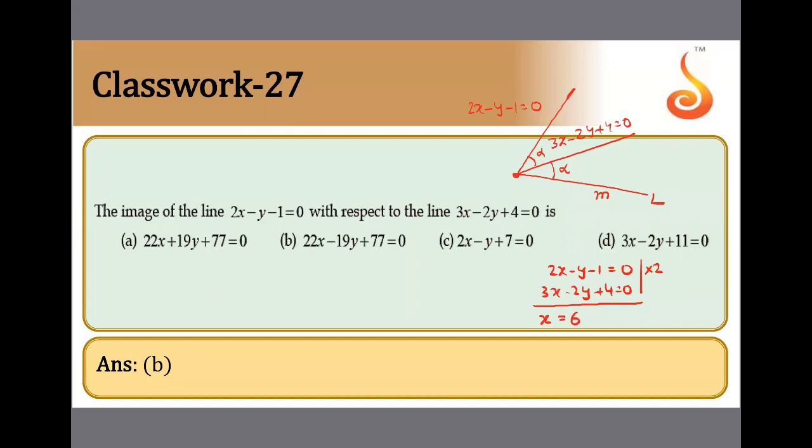If you put x equal to 6, 6 twos are 12, so y is 11. Correct only, I think. So the point of intersection you got is (6, 11).